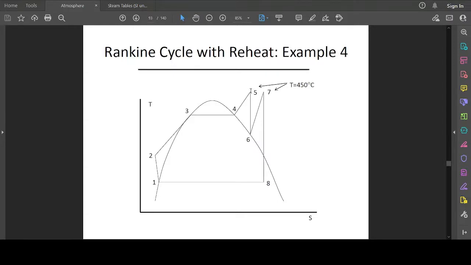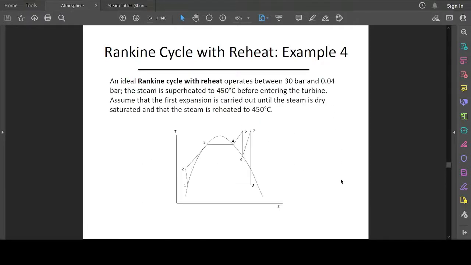Then after the isentropic work done by the steam, leaving the first high pressure turbine, a reheater gets the temperature of the steam back to 450 degrees Celsius, and it does another work in a low pressure turbine to get it to the operating pressure for condensing. So this has been illustrated for the example given, example 4. So we can proceed from there.